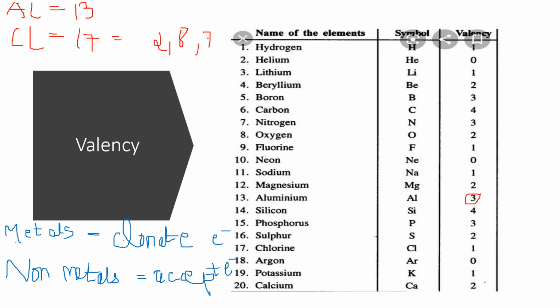Then the valency: chlorine is accepting one electron in the outermost shell, so that is a non-metal. Non-metals are always accepting, and the metals are the ones which donate electrons.